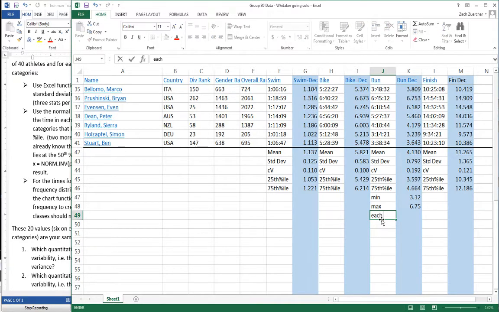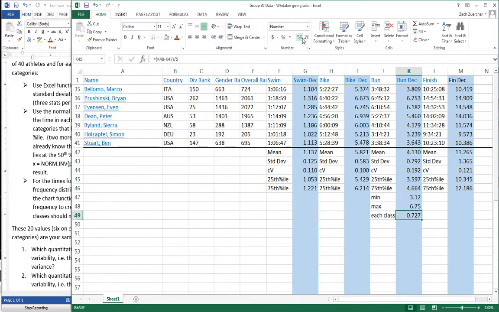So each class, just writing that down, let's take the difference. Let's take the difference, put in parentheses 6.75 minus 3.12. That difference, and let's divide it by 5. And so that's going to give us the width of each class. So 0.727.